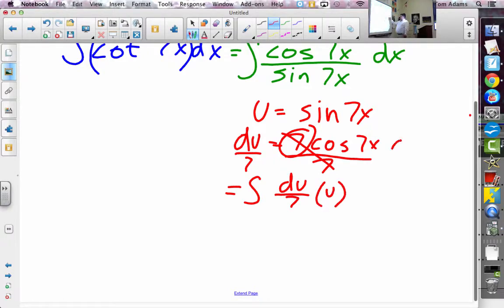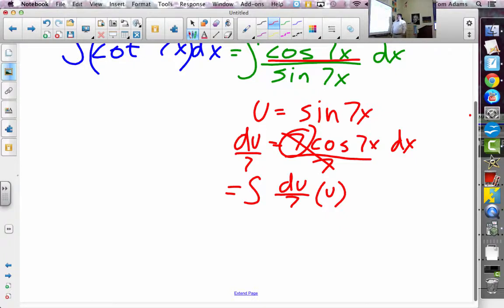And technically there's a dx on the end of this, and I toss that to the front, or to the back. I'm confused why you put the du over 7 right there. Because this is cosine of 7x, but my derivative, du, is 7 cosine of 7x.